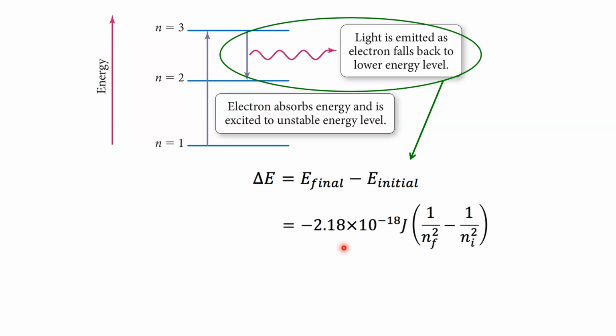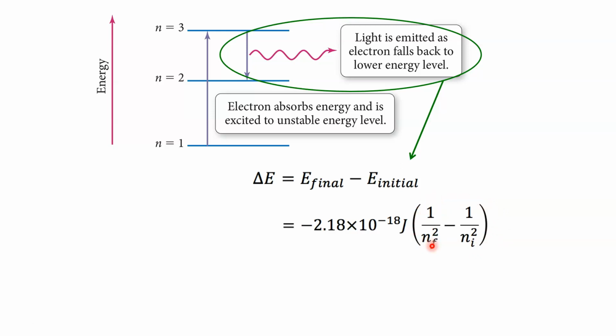And again, we're only talking about hydrogen, so it's that negative 2.18 times 10 to the minus 18th, and then it's multiplied by 1 over n squared of the final level minus 1 over n squared of the initial level. So again, if we're looking at just the energy of the level itself, there's no subtraction, it's just 1 over n squared.